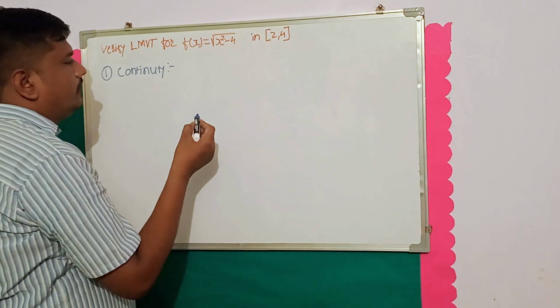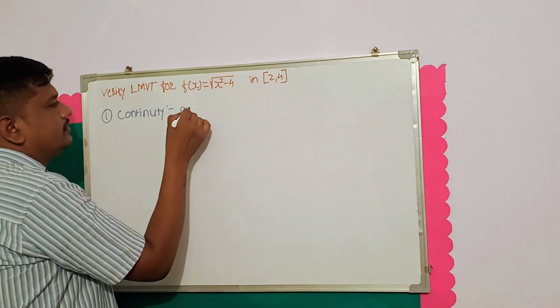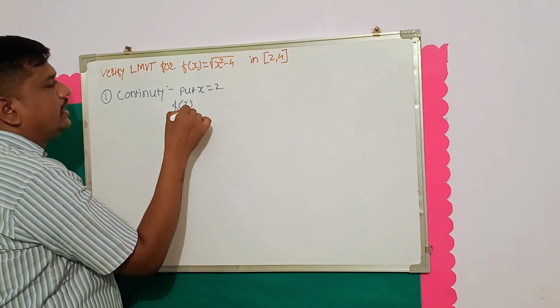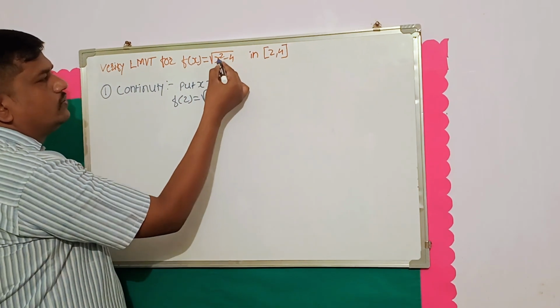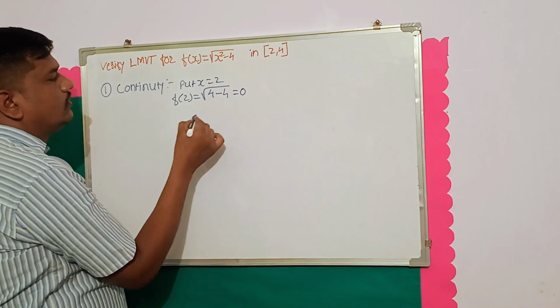So what I can say here is that if I put x equal to 2, I will get f of 2 is equal to square root of 2 square, which is 4 minus 4, so this will be equal to 0.